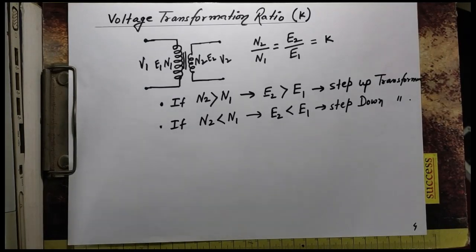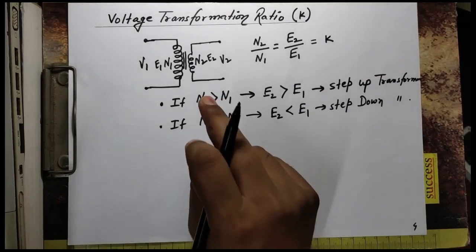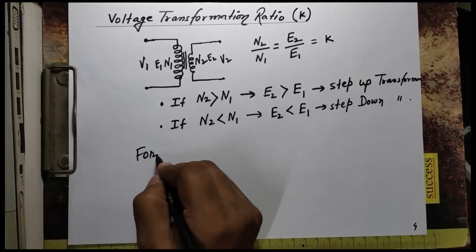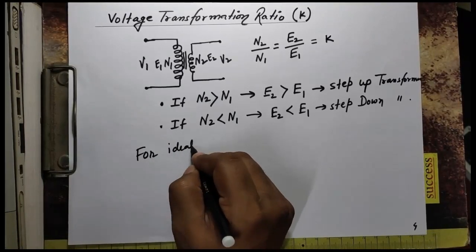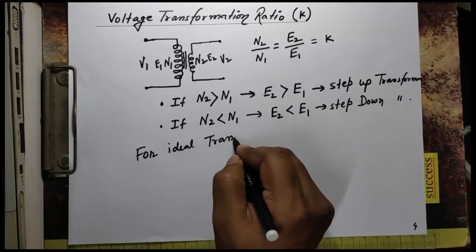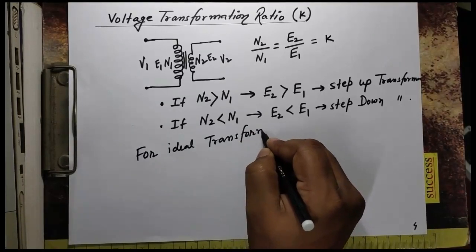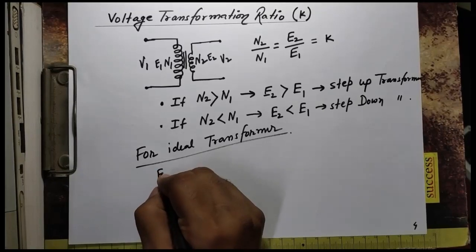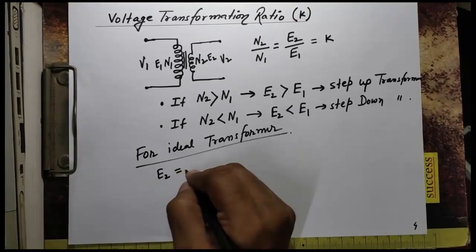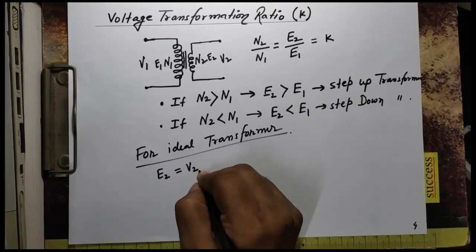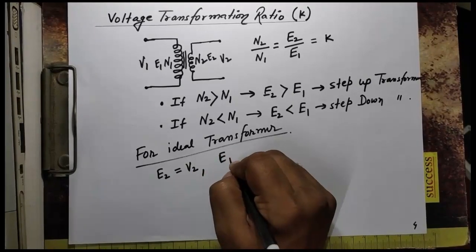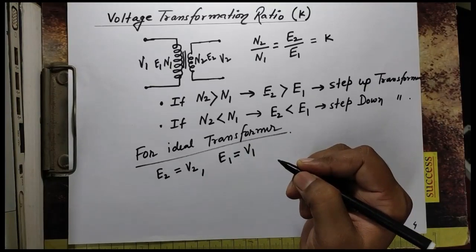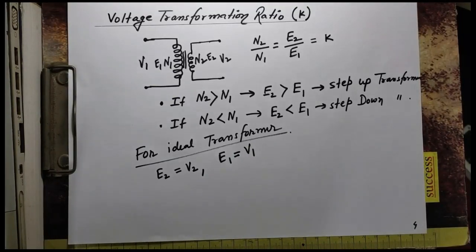And as I was saying, for an ideal transformer, E2 is equal to V2 and E1 is equal to V1, as there is no voltage drop in the windings.